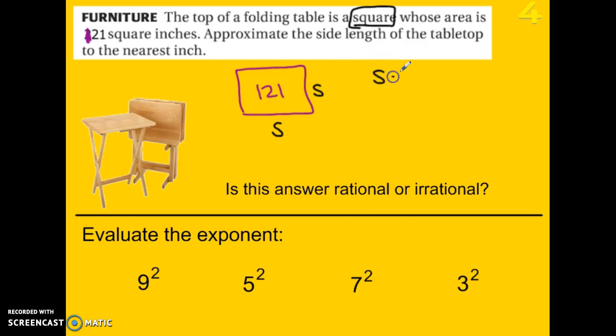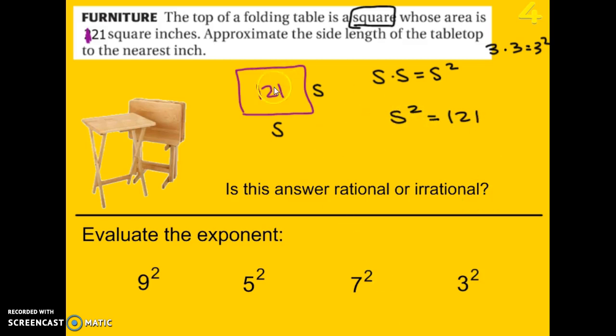Side times side is really going to give us side squared. Just like 3 times 3 gave us 3 squared, side times side gives us side squared. So we know our area, which is side squared, has to equal 121.